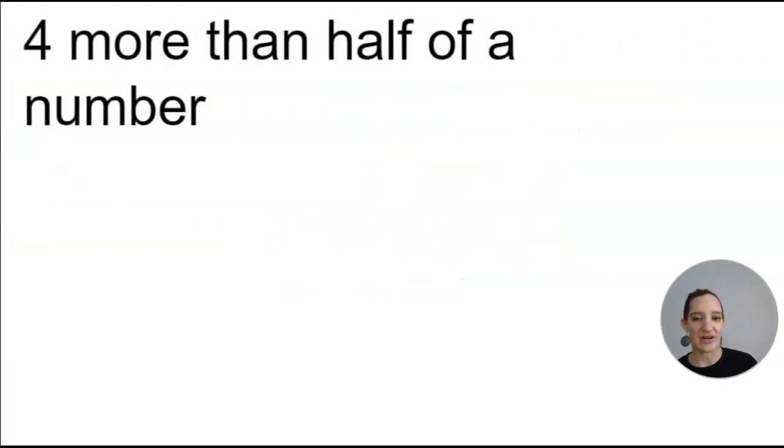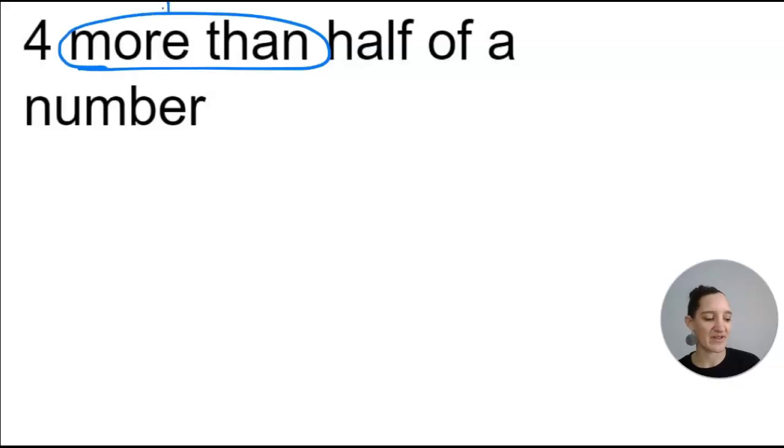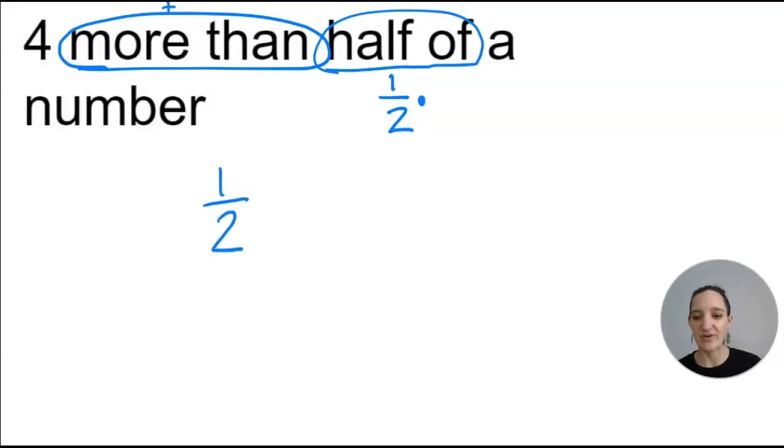4 more than half a number. 4 more than means plus half of a number. That's half, right? How do we find half of something? We times it by half, don't we? Okay. So half of a number. What number are we going to choose now? What variable? Let's do t.